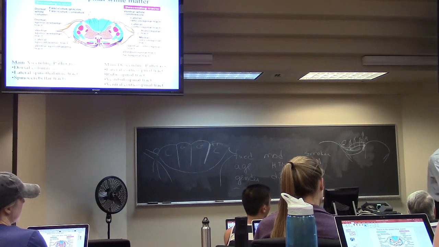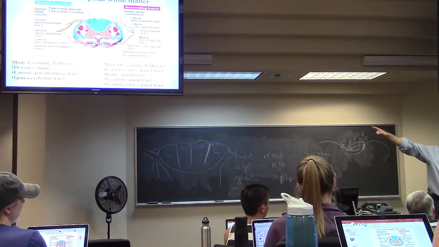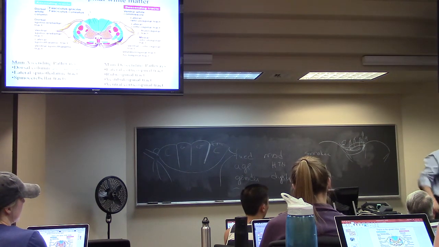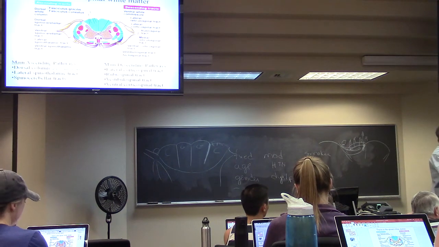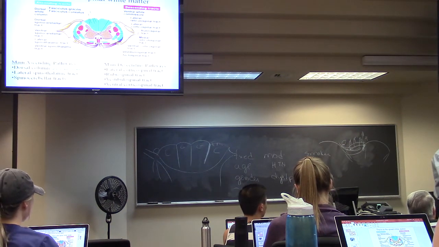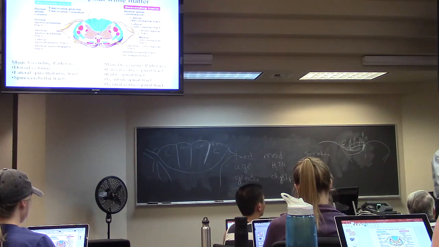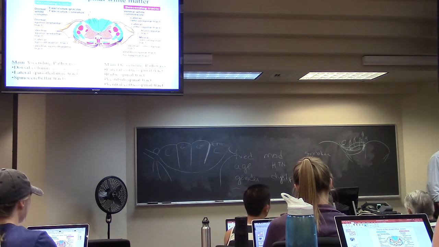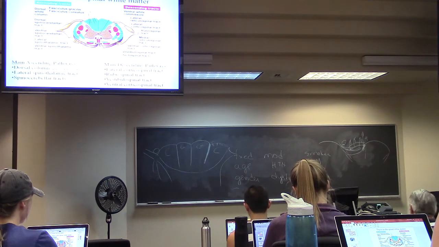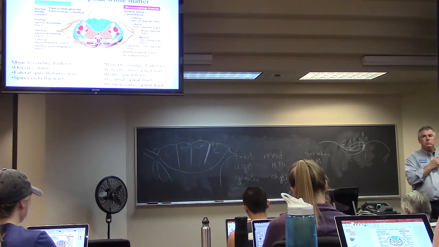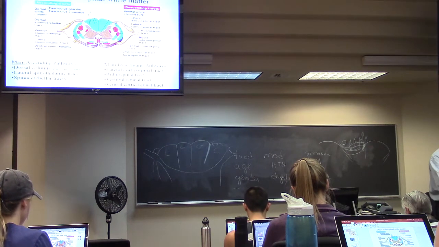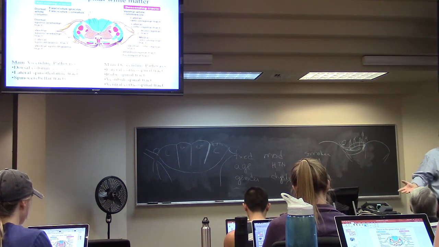So what's driving that movement are the neurons in the corticospinal tract. Those neurons from the cortex to the level of the spinal cord, C5, 6, 7, 8, T1, they're called upper motor neurons. In other words, the cortex input to the spinal cord, that's upper motor neuron.